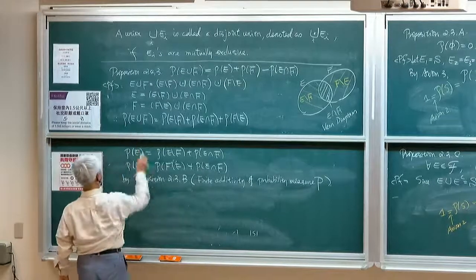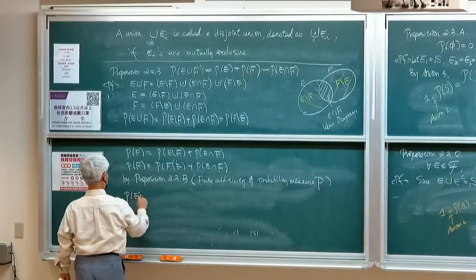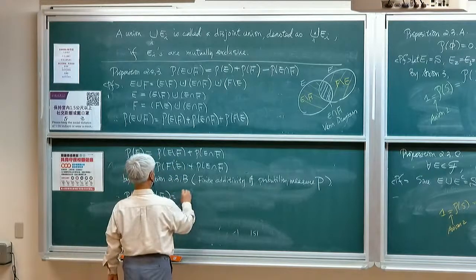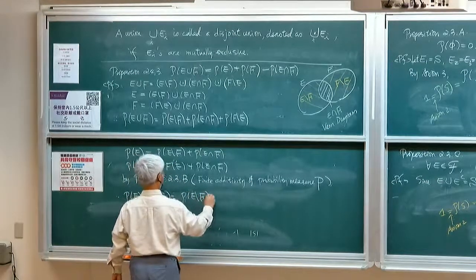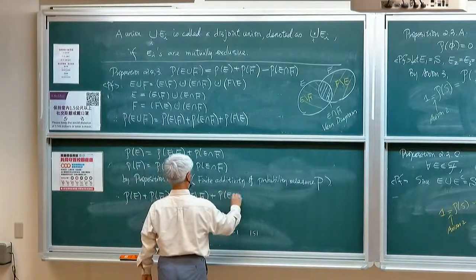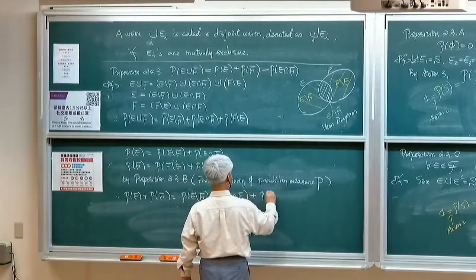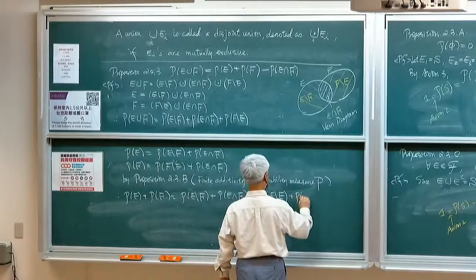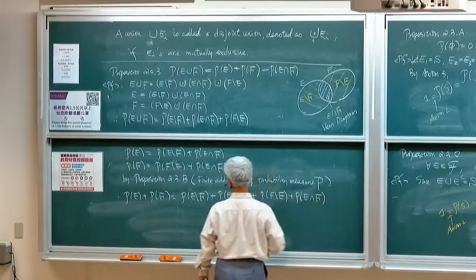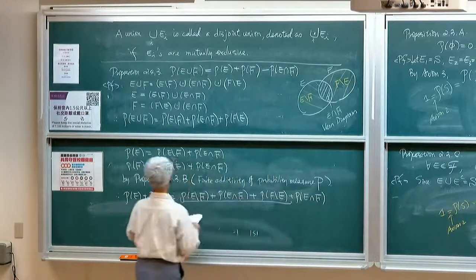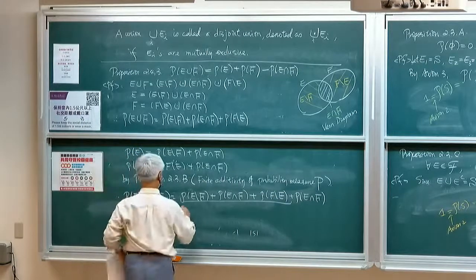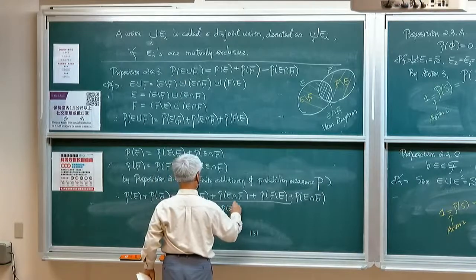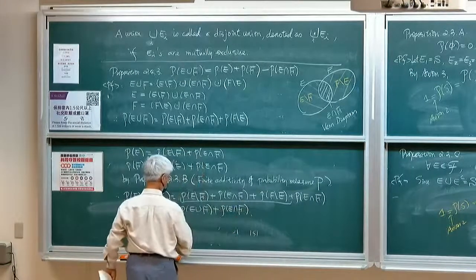All right, so now we have that, and so probability of E plus probability of F, you can add them together, so probability of E minus F plus probability of E intersect F plus probability of F minus E and probability of E intersect F. But the first 3 is equal to the probability of E union F. Okay, so we prove that.